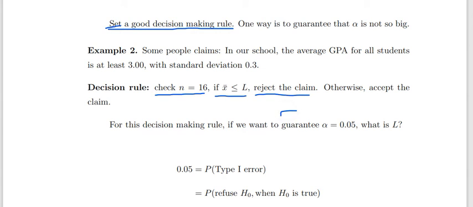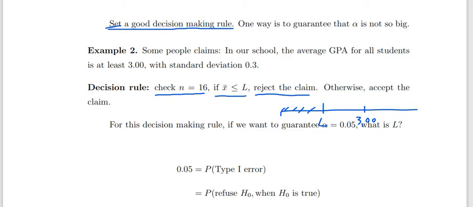Okay, so the decision making rule: suppose here is 3.00, and we said L is here. If X bar is less than this number, we will reject. Otherwise, we will accept.